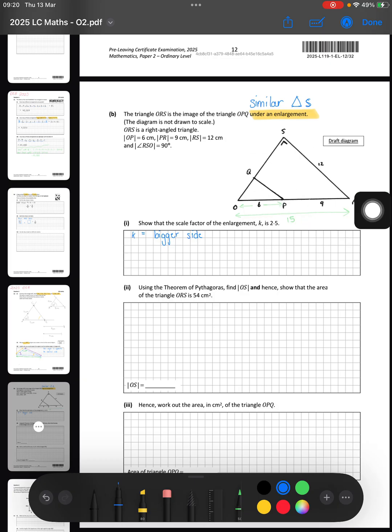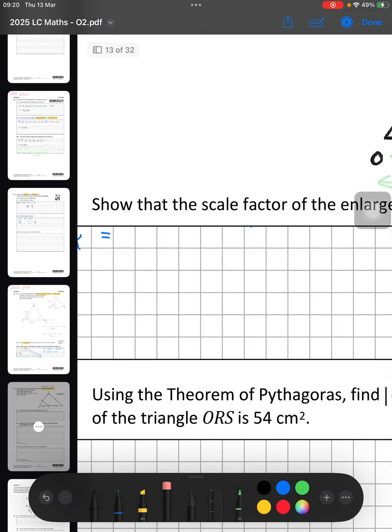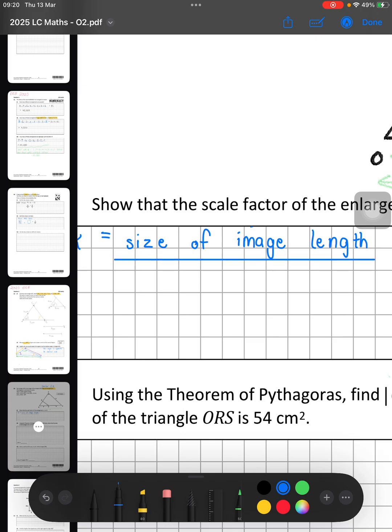So actually what I should say is the size of the side of the image, size of image length, over the size of the original length. Now the original, what do we call that? We call it the object. So size of object length.